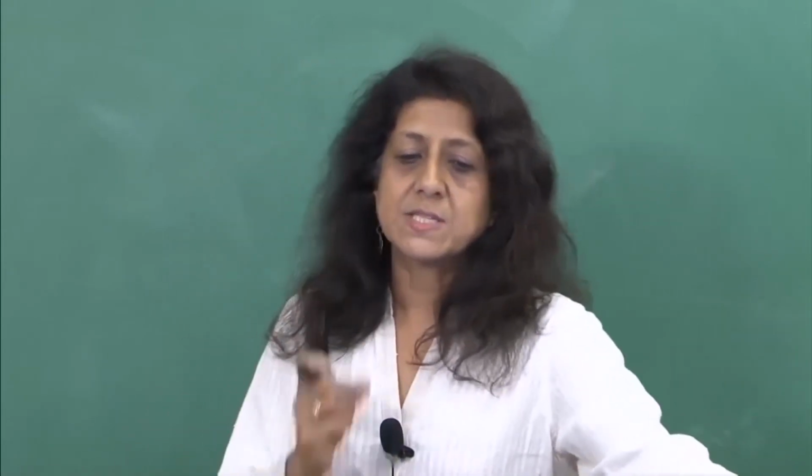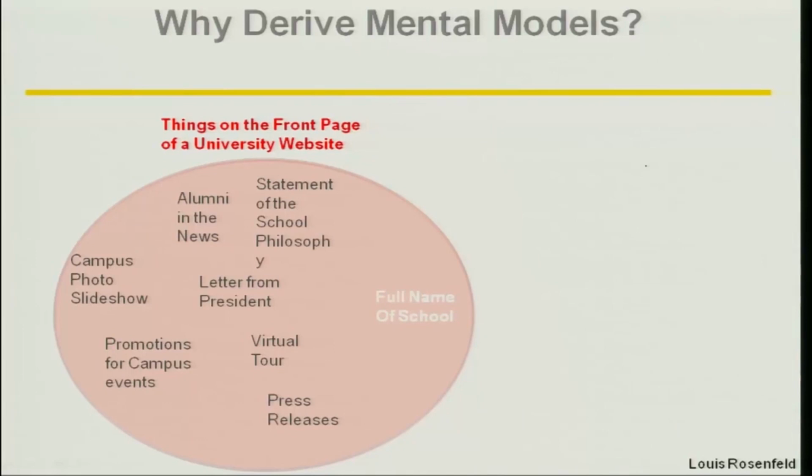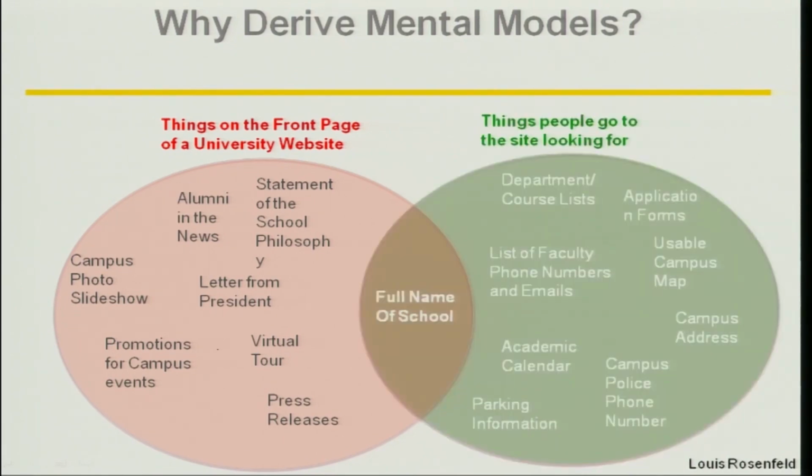Let's look at another example, okay? This is a study that was done of things that were on the front page of a university website, okay? A university website had all of these: campus photo, slideshow, letter from the president, statement of the school philosophy, alumni in the news, virtual tour, press releases, promotions for campus events, etc. And what are the things people were looking for?